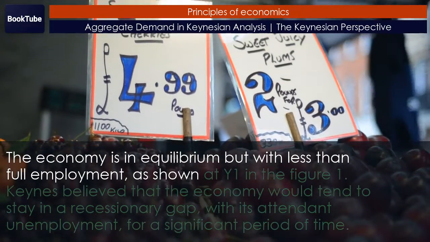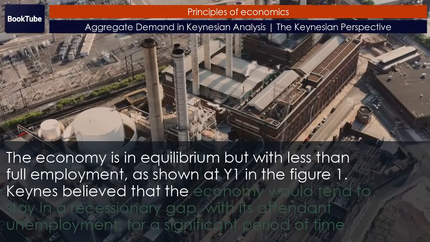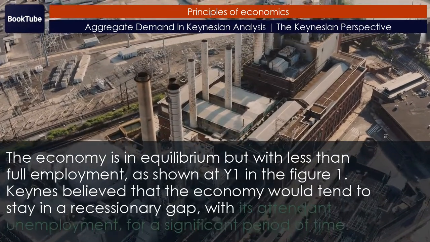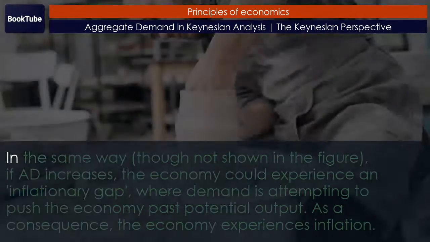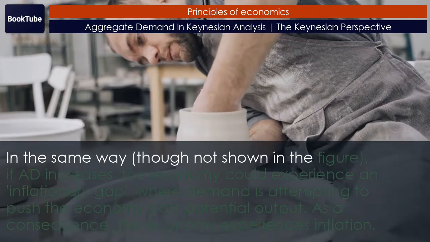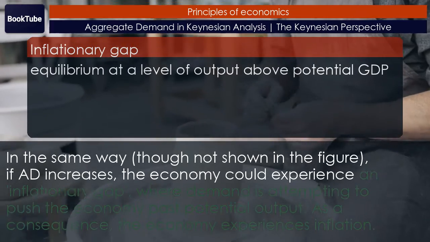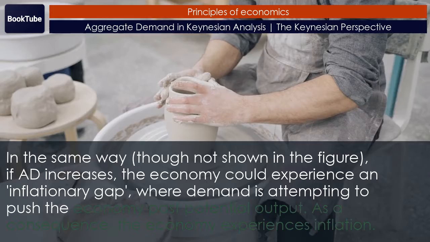As shown at Y1 in Figure 1, Keynes believed that the economy would tend to stay in a recessionary gap, with its attendant unemployment, for a significant period of time. In the same way, though not shown in the figure, if AD increases, the economy could experience an inflationary gap, where demand is attempting to push the economy past potential output.